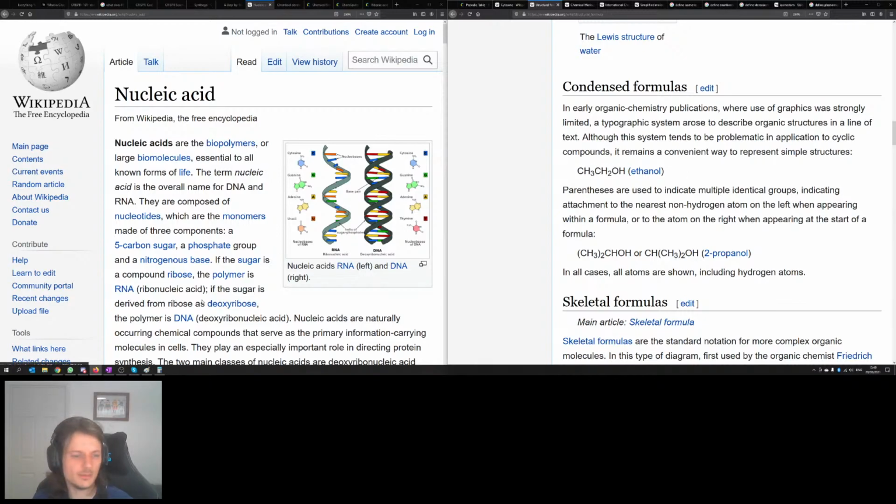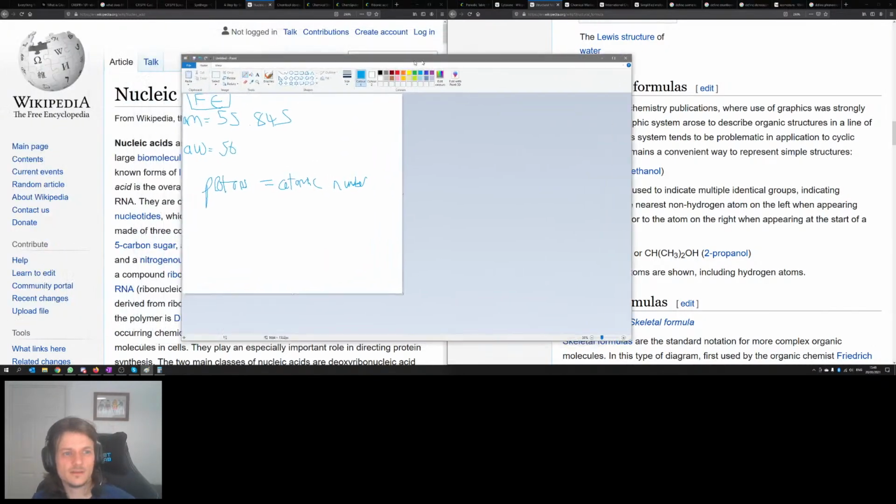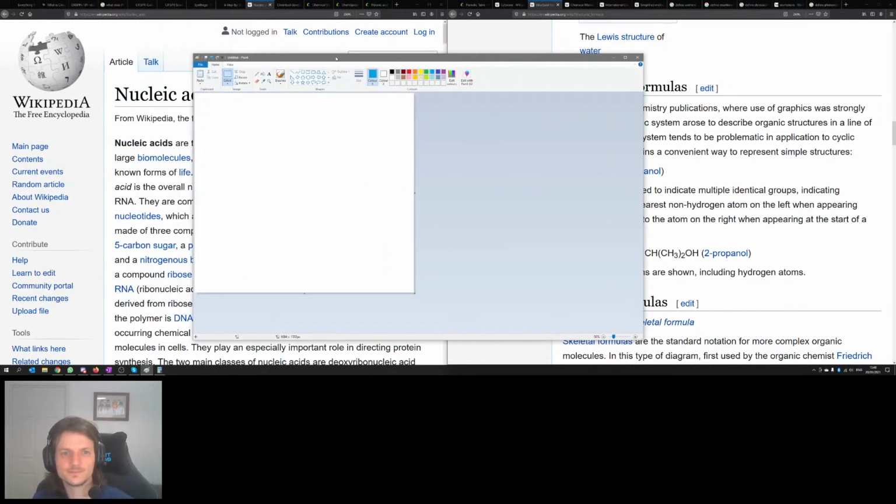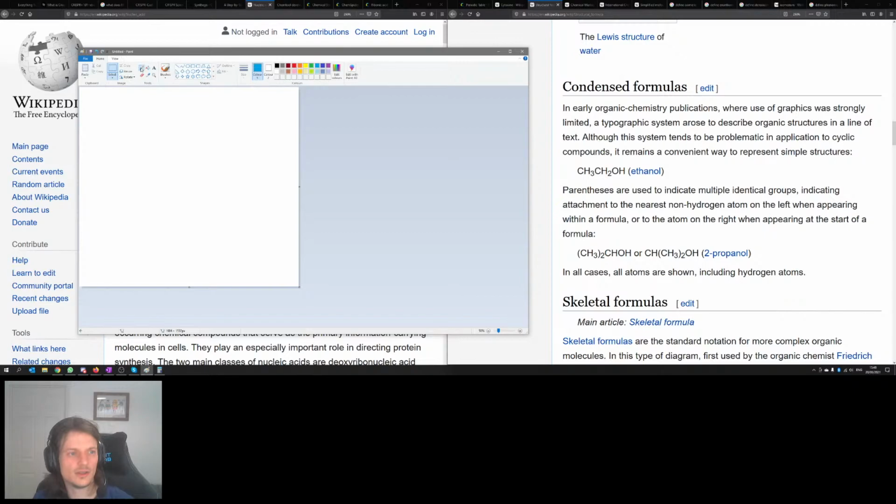CH3CH2OH. Ethanol. Let me see if I can draw that. So we're saying here, so you've got carbon, and it has three bonds, so it'd be one, two, three hydrogen, and then C is bound to another two hydrogen.